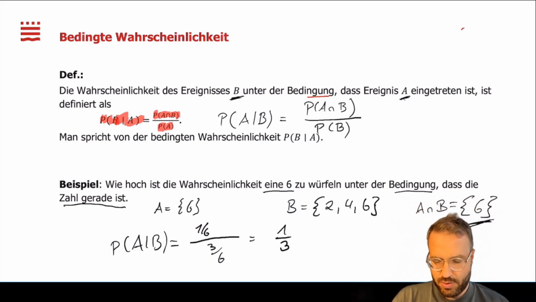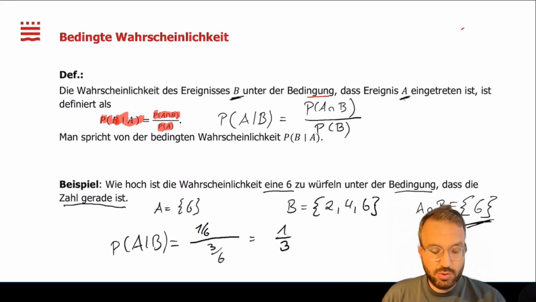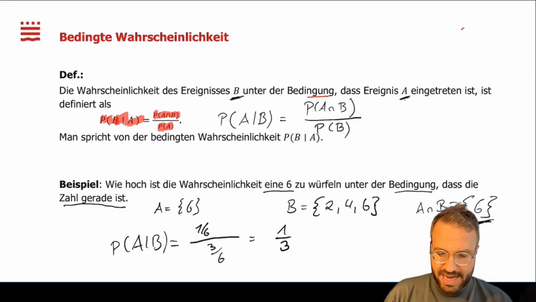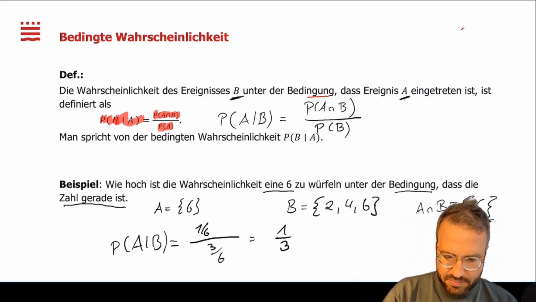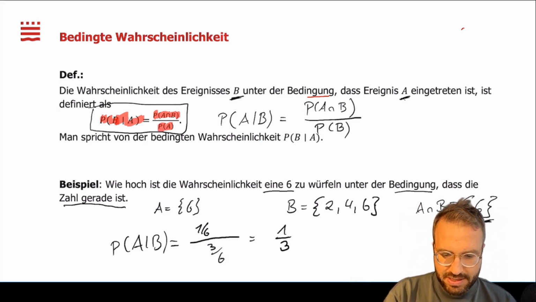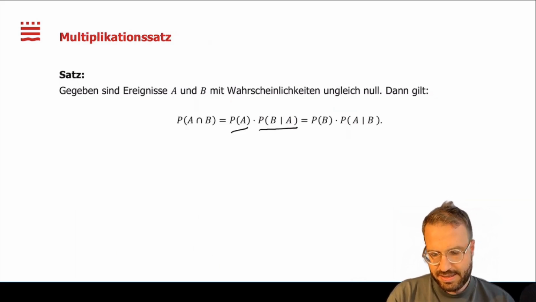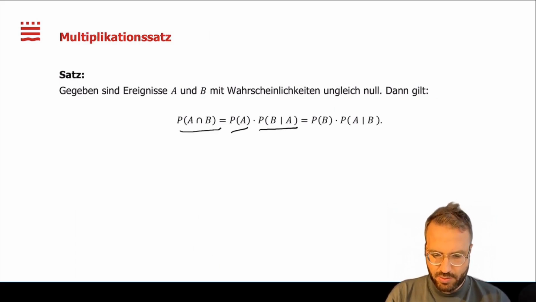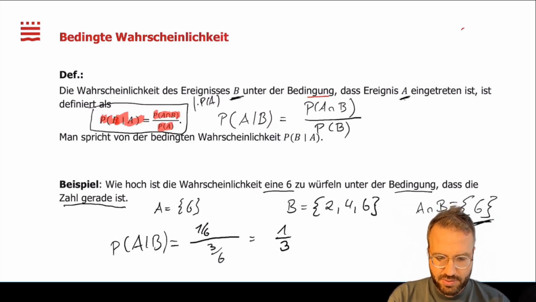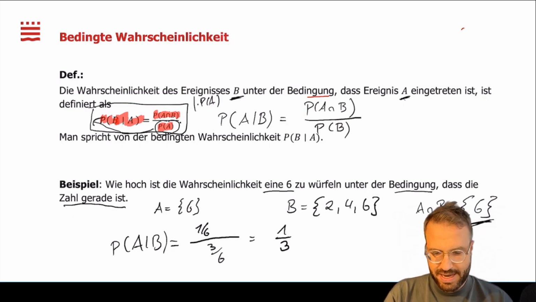The next formula we will look at is the multiplication rule, which goes hand in hand with this. If we multiply this equation here by P(A) on both sides, then it states that P(A) times the probability of B given condition A is equal to the probability of A intersecting B. If you simply multiply the P over to the other side, then exactly that happens.